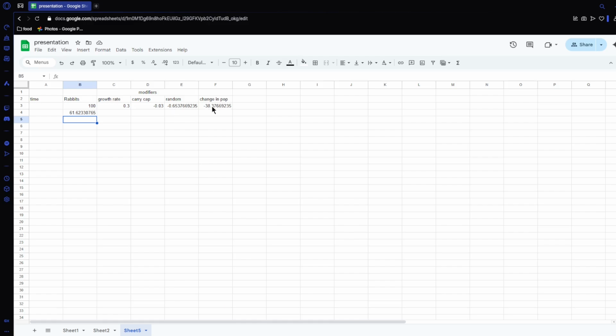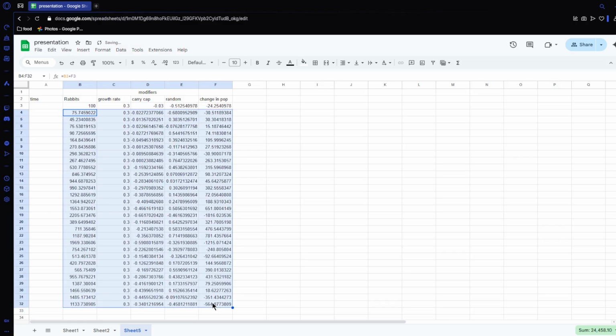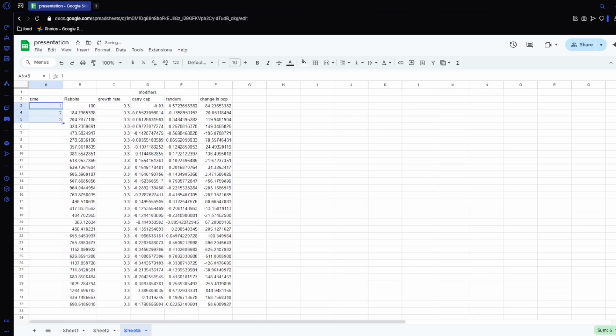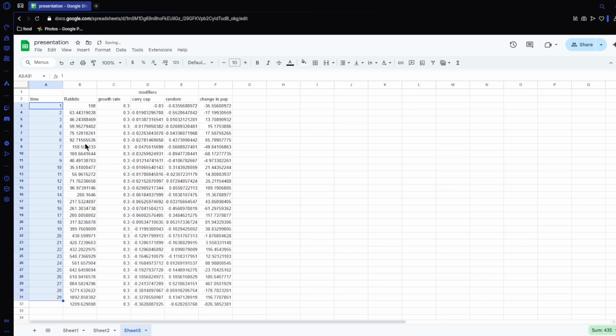But remember, that's just our change in population. So it's 100 minus 38 equals 61. So it's not that our population is negative, just our change. And we'll see what happens as we drag this down. And we watch our numbers change every single time I type something in.